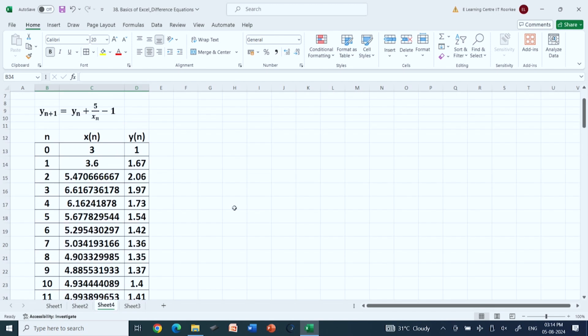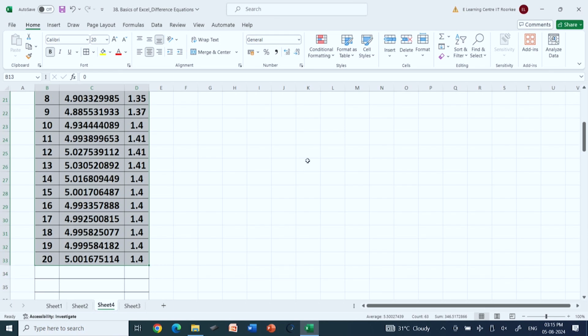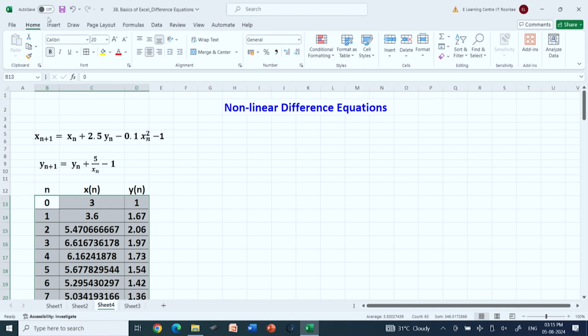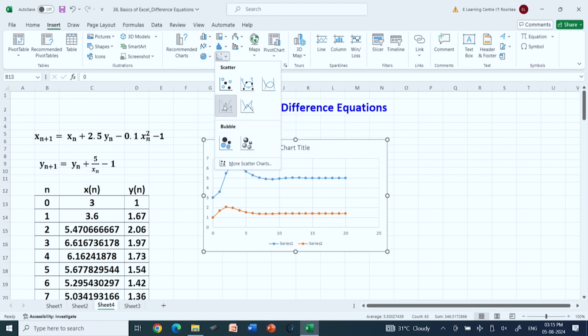So, now we plot, we select these numbers, you go to insert, go to charts and select this.